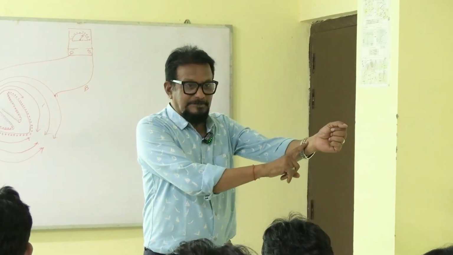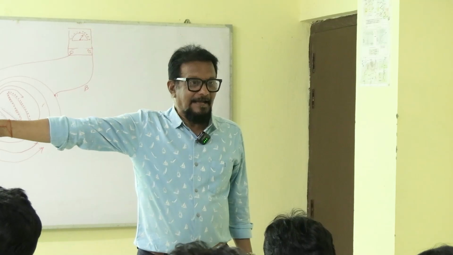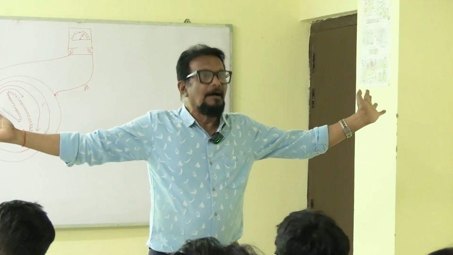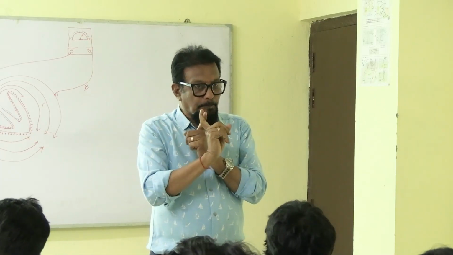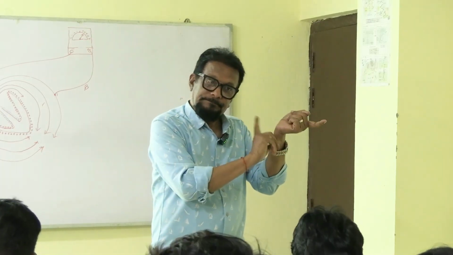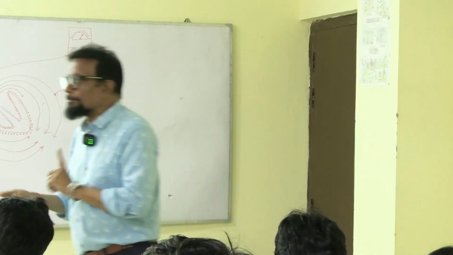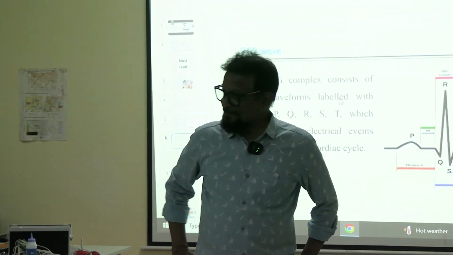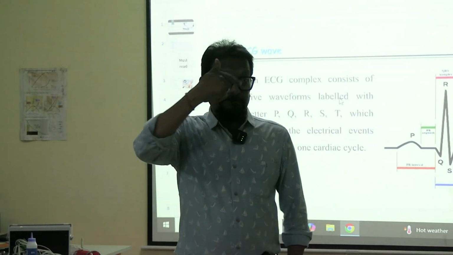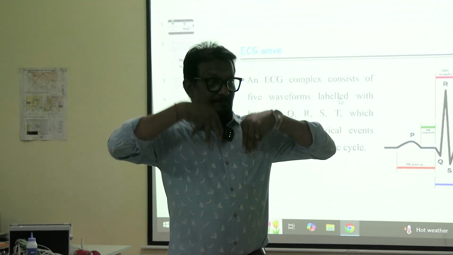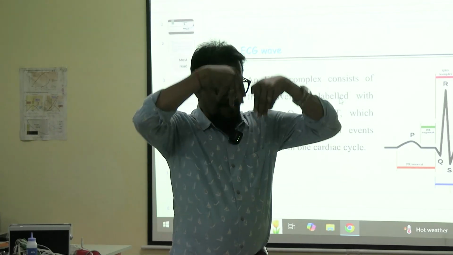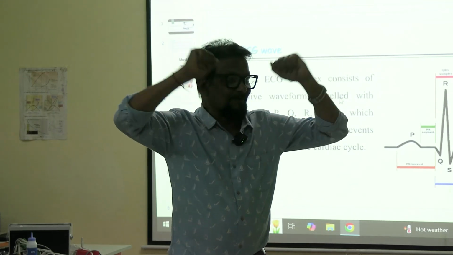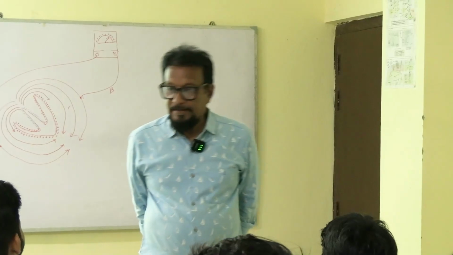So the connection is between the right arm and left arm, and the positive electrode will be placed on the left arm, and the negative electrode on the right arm. So this is one system, very easy. And connecting this, it is facing my heart from the top. Okay. Be alert.